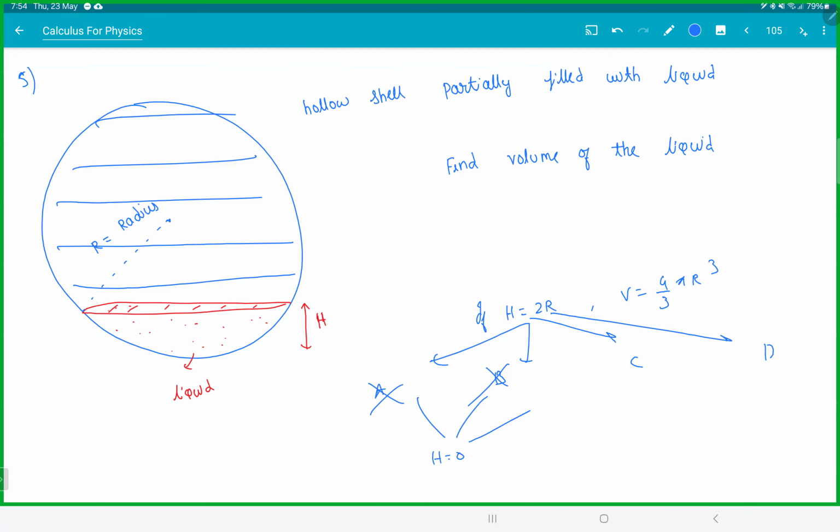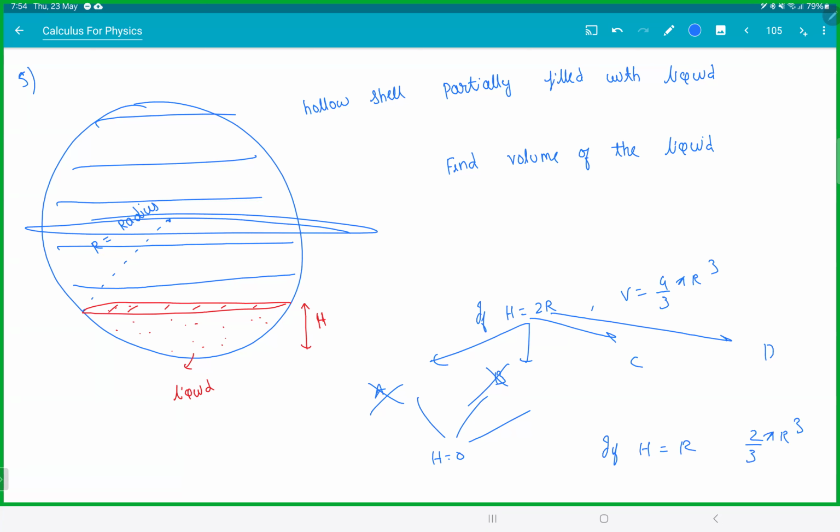Can you give me anything more? So the idea here is you have to convert the problem into something which you already know, and then from there you try to guess. If h is equal to r, what will you get? Half filled, na? So if half filled, what is the volume? 2 by 3 pi r cube.